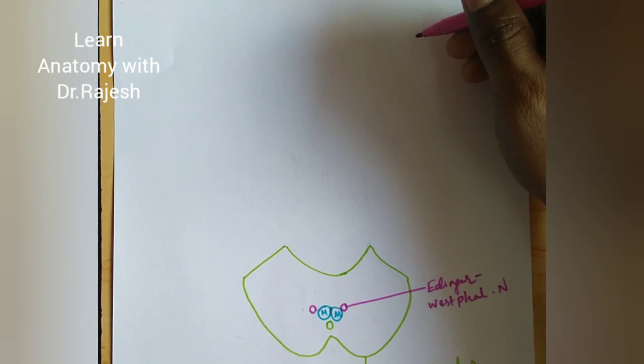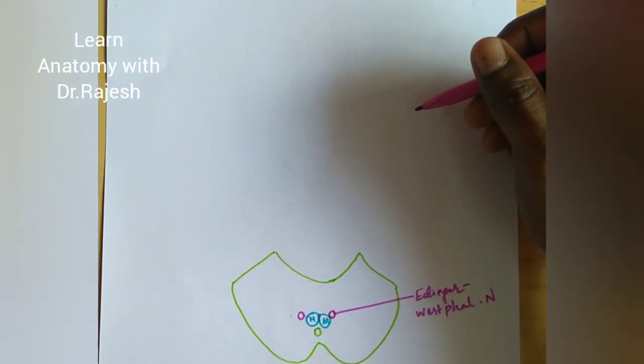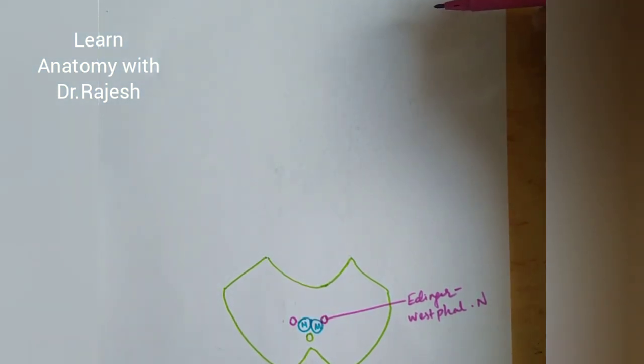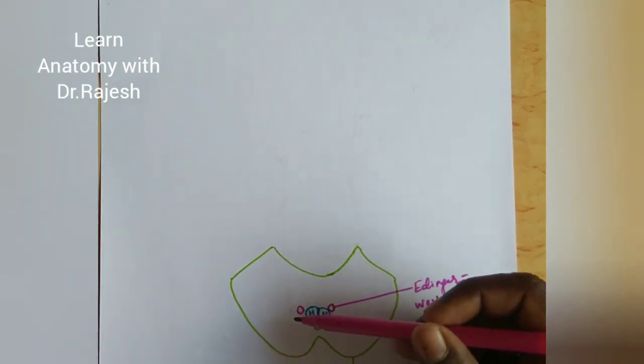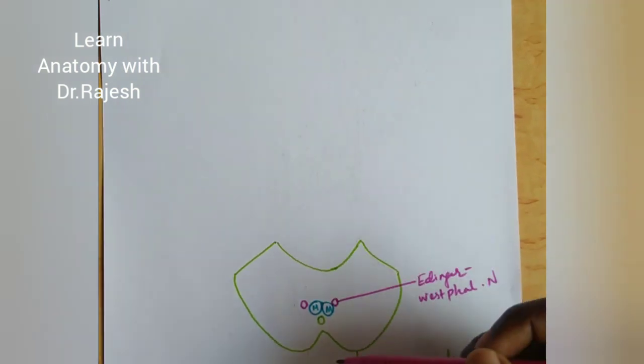So these are also motor fibers, which supply the sphincter pupillae and the ciliaris muscle. That is why the oculomotor nerve is entirely motor. There is no sensory component.